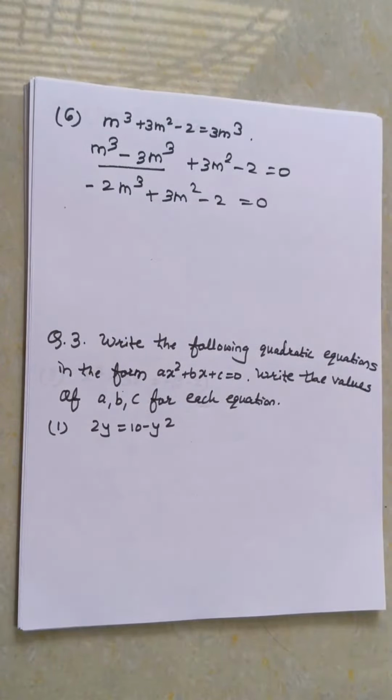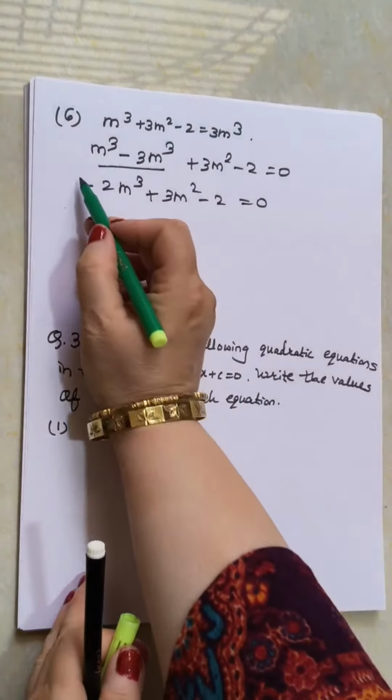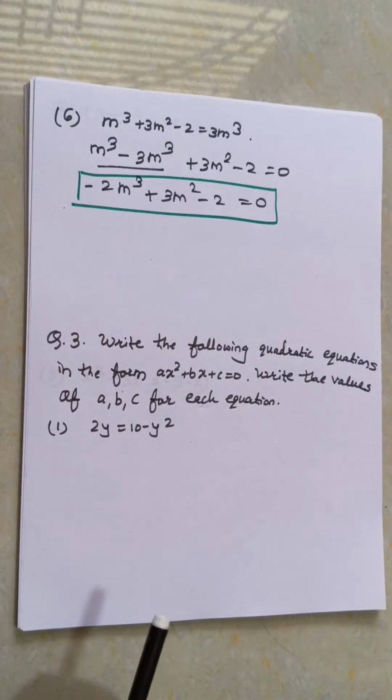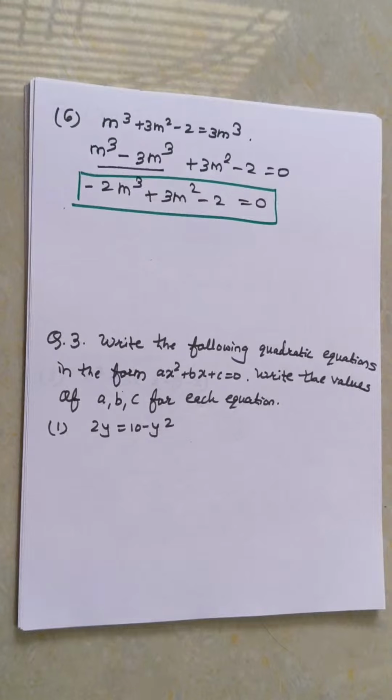Looking at this equation, you can say that it has only one variable. Which is the variable here? That is m. But what is the highest index? Highest index is 3, which is not 2. And if it is not 2, then it is not a quadratic equation. Okay everyone?